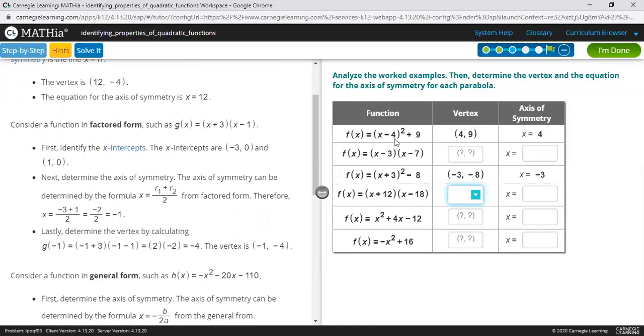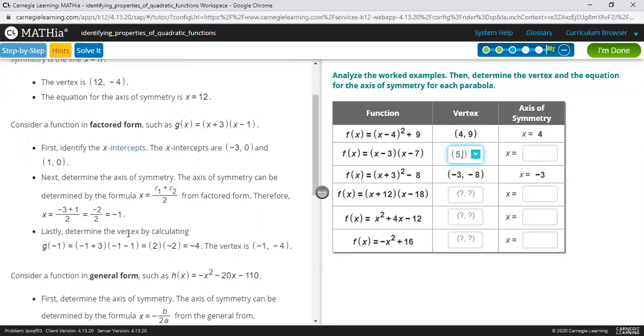So in this example here, you're asking yourself, well, what minus 3 is 0? That's going to be 3. So the r value here is going to be 3. The r value here is going to be 7. So if I add 3 and 7 and divide by 2, we have 10 divided by 2 is 5. So we know that 5 is going to be my x coordinate.